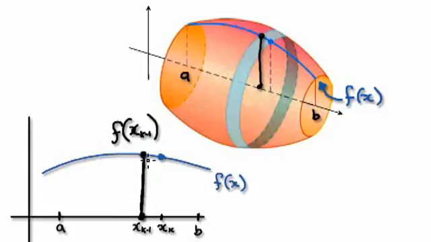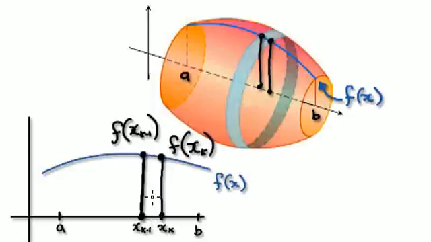And then this short radius here is given by f of xk. But a fairer way would be to use the average of the two radii here.